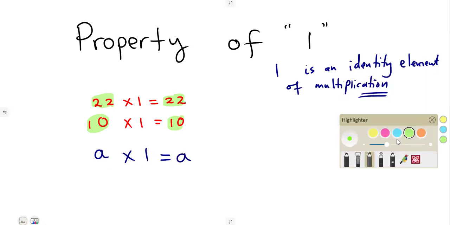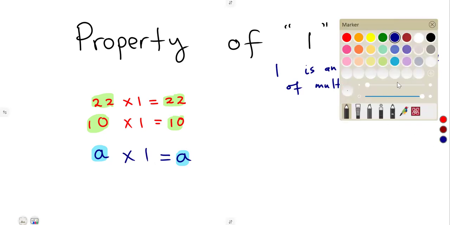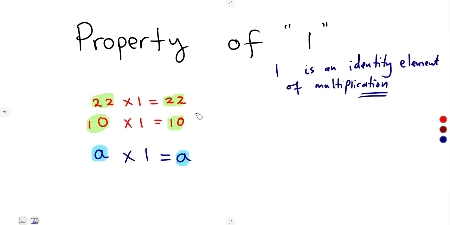So meaning to say, as I multiply any number by 1, it does not change the number. That is the first property of 1 under multiplication. Multiplying by 1.